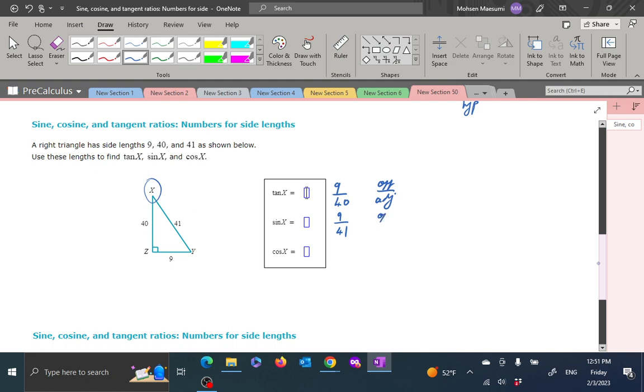Sine is going to be opposite over hypotenuse, and cosine is going to be adjacent over hypotenuse, so that's 40 over 41. And again we have this magic going on: 40 squared plus 9 squared is equal to 41 squared.